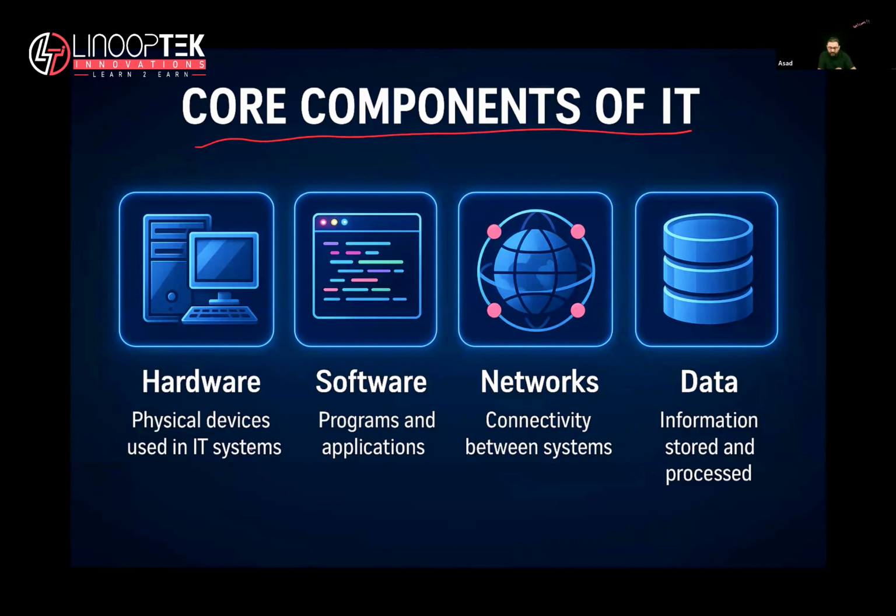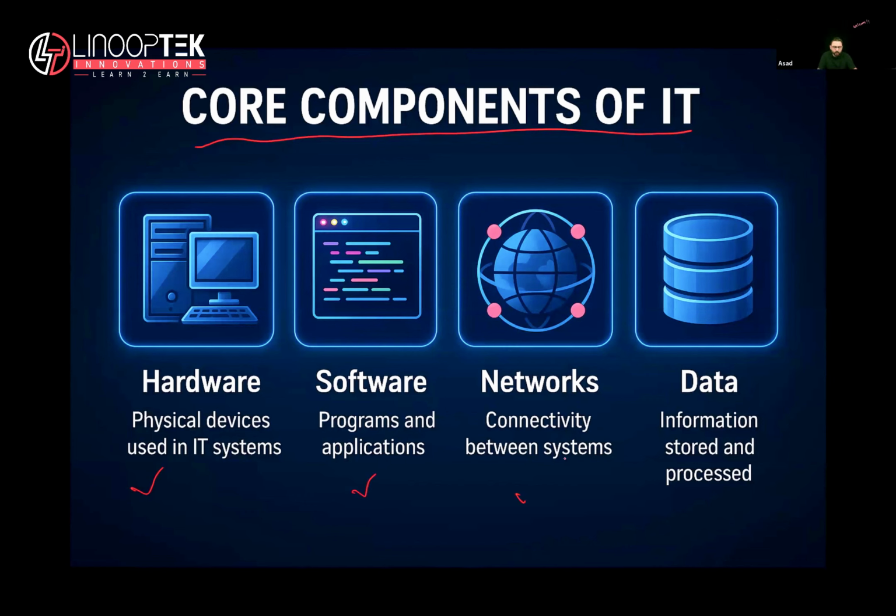Essentially, IT is based on all of these things over here. Hardware: there are physical devices that IT uses. Software: there's an operating system, there are applications, there are databases that support your day-to-day IT operations.